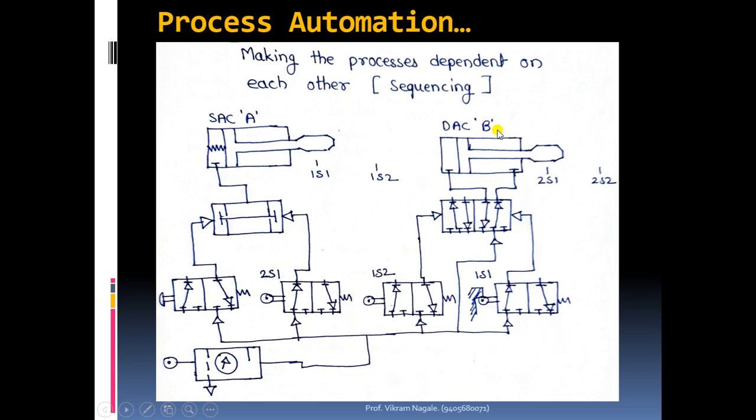Now for this double acting cylinder we'll need one valve which has two ports on the output side. This is the output side.